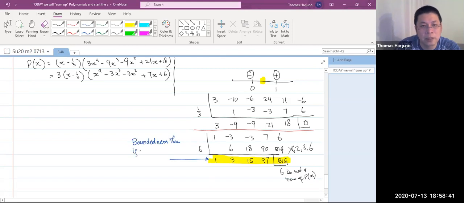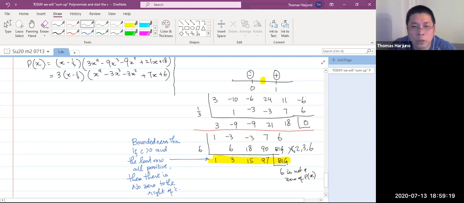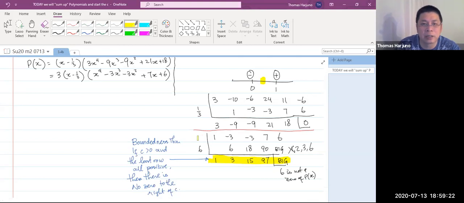The boundedness theorem says this: if C is positive and the last row is all positive, then there is no 0 to the right of C. When I try C here as 6, all the numbers underneath are all positive.